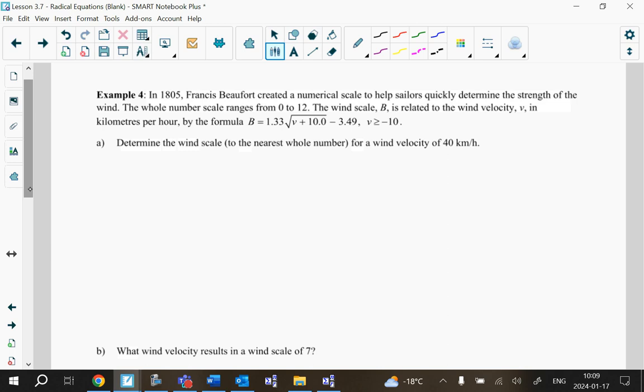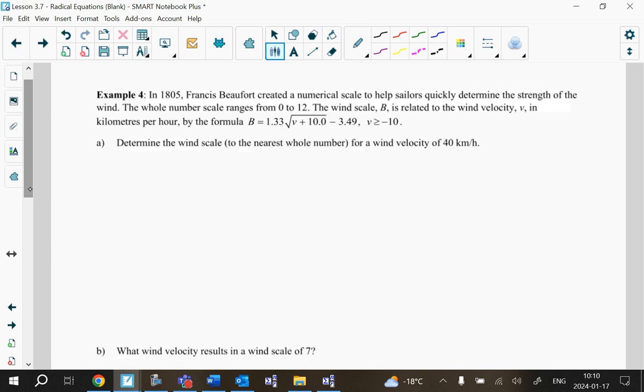A guy named Francis Beaufort created a numerical scale to help sailors quickly determine the strength of the wind. You get a number on a scale from 0 to 12, 0 being obviously no wind, 12 being a lot of wind. How do you calculate this wind scale?